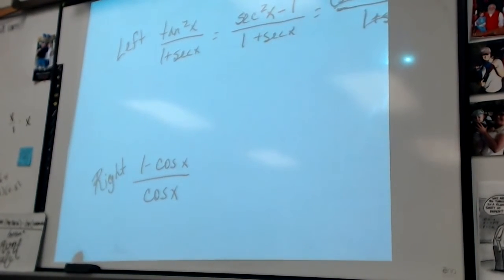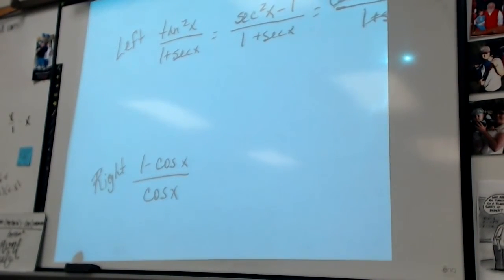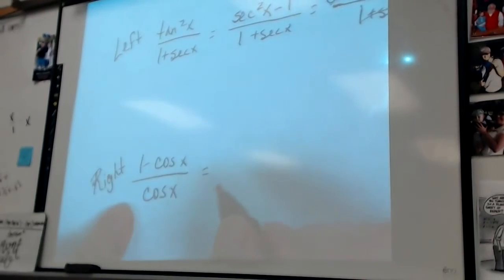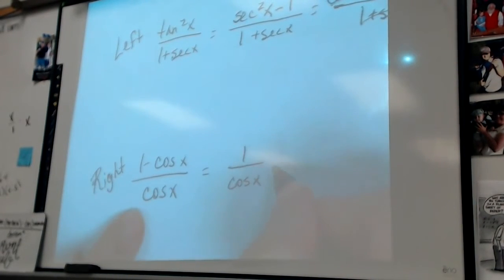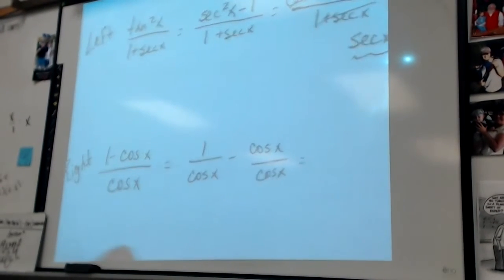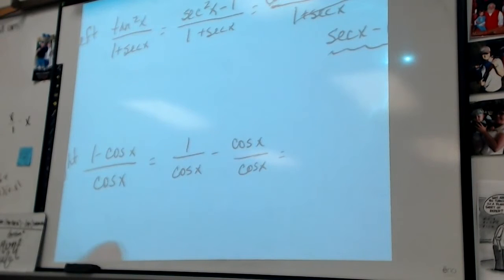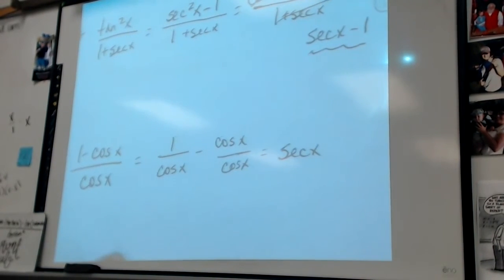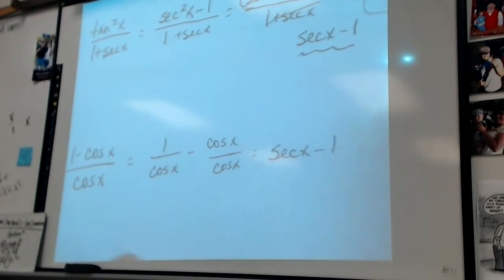What do I know about cosine and secant? They're reciprocals. So this could be rewritten as two fractions: 1 over cosine x minus cosine x over cosine x. And what's 1 over cosine x? Secant x. And what is cosine x over cosine x? 1. Oh, there it is.